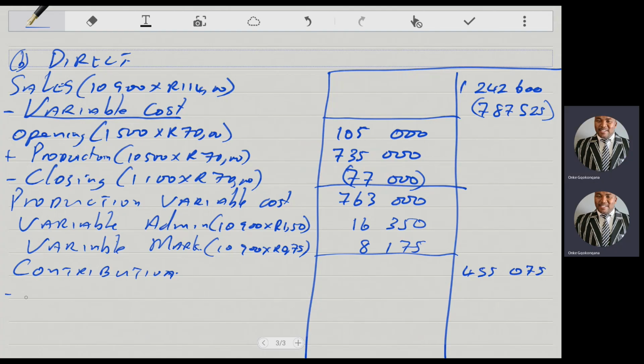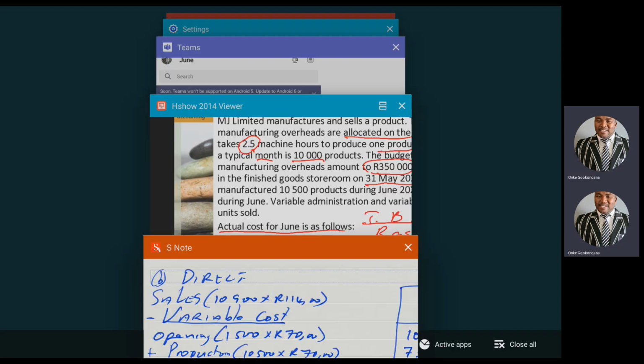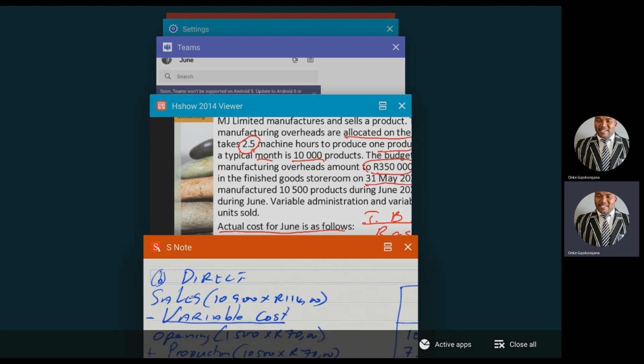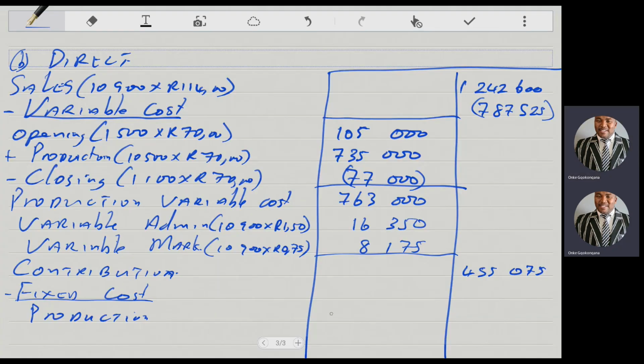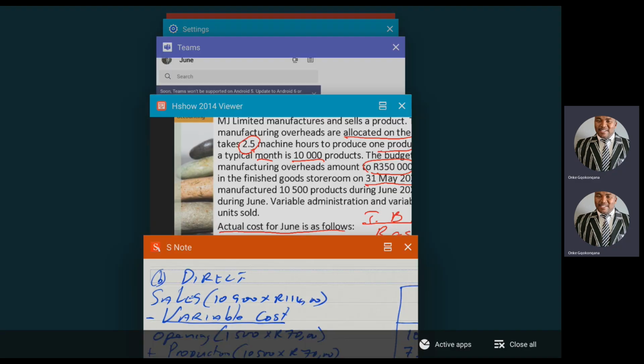Then we say minus, after that, your fixed cost. So you do have the fixed production, or the fixed manufacturing, 380,000. Just take it as it is there. That is probably why they call it a direct method, because it does things directly.